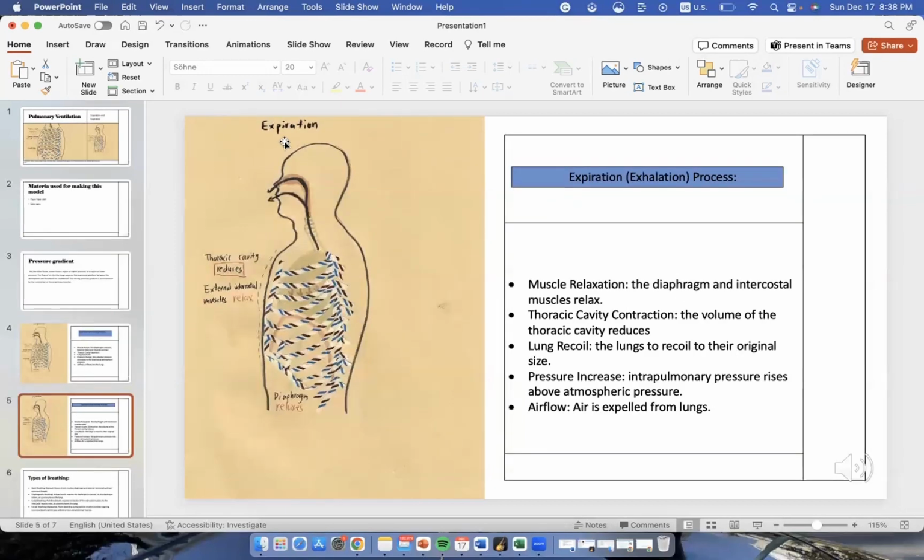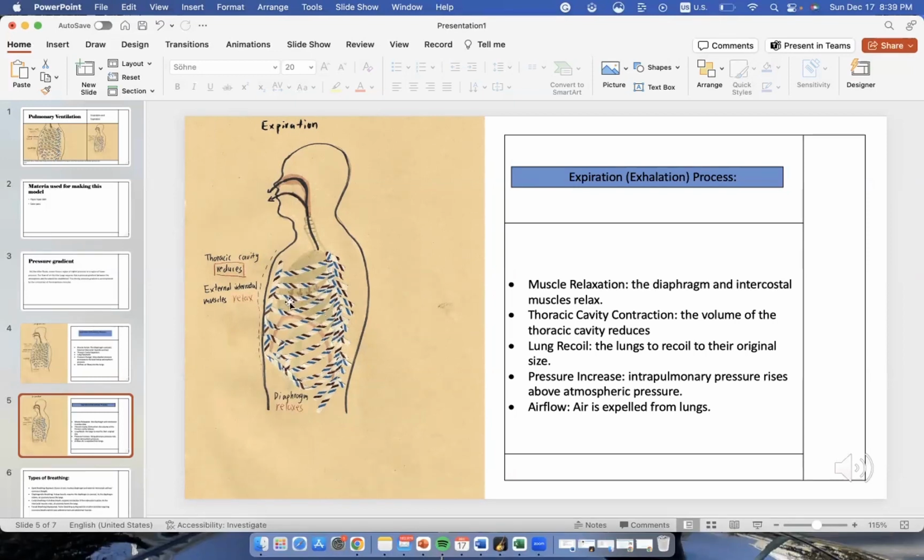In contrast, the expiration process begins with muscle relaxation. The diaphragm relaxes and the external intercostal muscles relax as well. So the diaphragm in this figure moves upward to the lung side, and the external intercostal muscles make the rib bones move downward and contract inward.